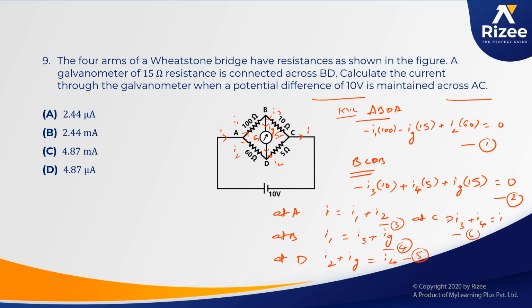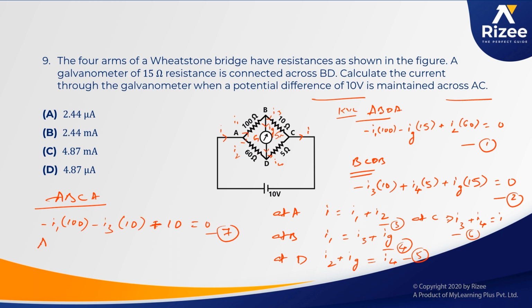From the loop, you can go from A, B, C and across the battery to again A. So you can write the loop equation, that is minus I1 of 100 minus I3 of 10, plus 10 volts, since it is going from lower potential to higher potential, is equal to 0. So use this equation.